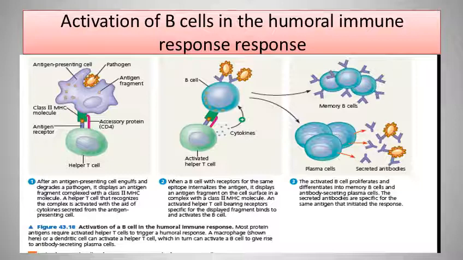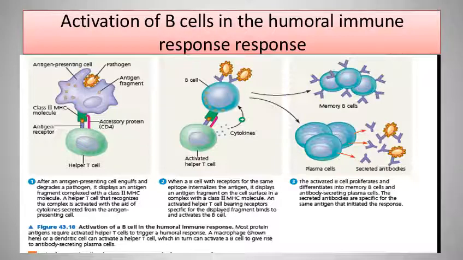You can refer to the chart and see the T cell, when it is activated by binding to the pathogen's antigen fragment, then it becomes activated, and the B cell can produce some plasma cells which secrete antibodies, and some of them become memory cells.